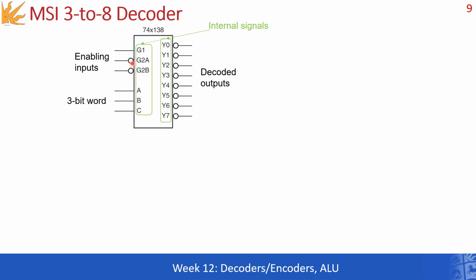Notice that 2 out of the 3 enabling bits are negated before given as an input. So the internal signals here are actually the negation of what comes in here. And whatever comes out as an output will be the negation of the corresponding results of the output here.